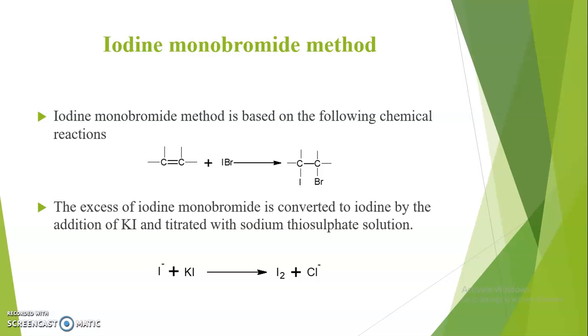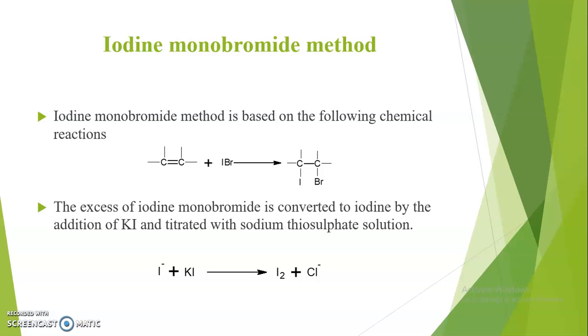As soon as the liberated iodine reacts with the sodium thiosulfate, the iodine is converted into its reduced form, the iodide ions. Once the reaction of iodine with sodium thiosulfate is complete, any further addition of sodium thiosulfate finds no iodine present, so the iodine-starch complex is broken down, and from blue we get a colorless solution.